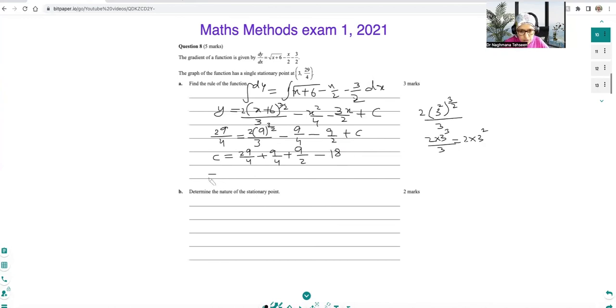And then you can simplify that. So 29 plus 9 minus 30 plus 18. You're making all of them the same denominator. You get 18 and then 18 times 4 would be 72.